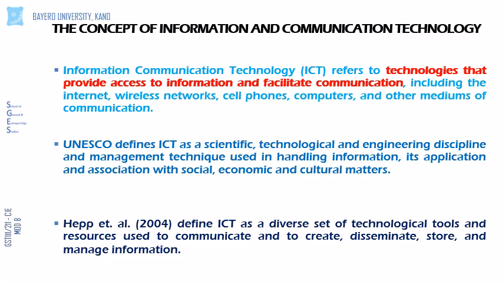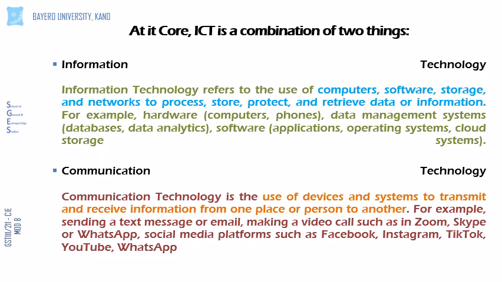Now, at its core, it's a combination of two things: information technology and communication technology. Information technology refers to the use of computers, the storage networks, the software, to process, to store, to protect, to retrieve data or information.